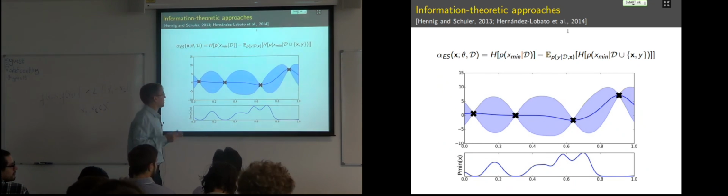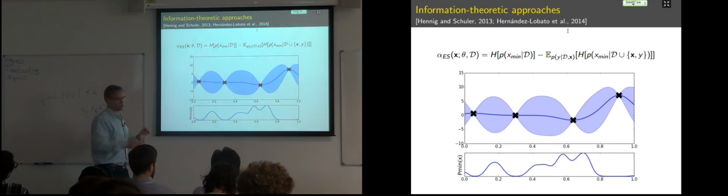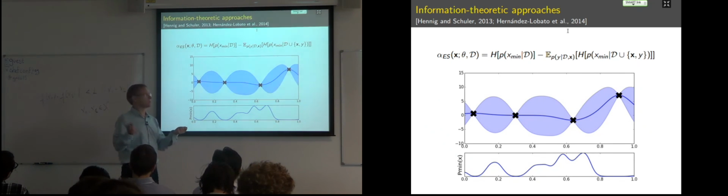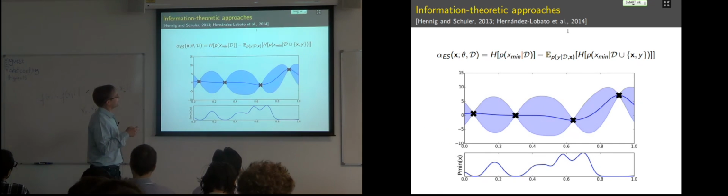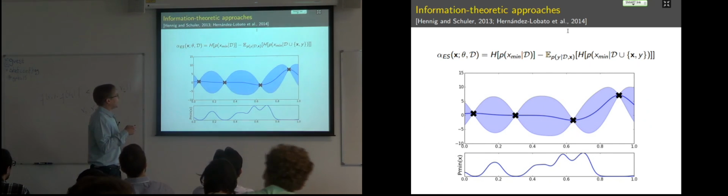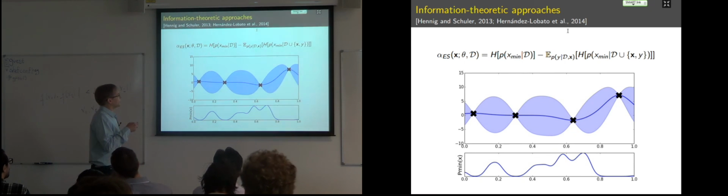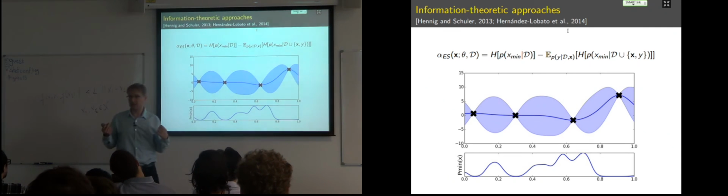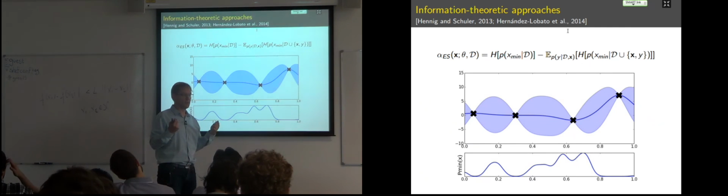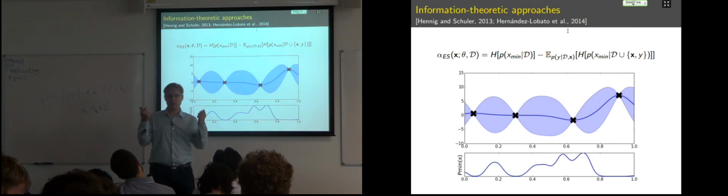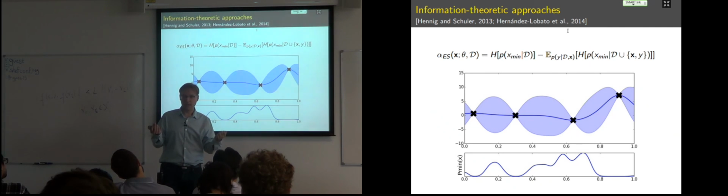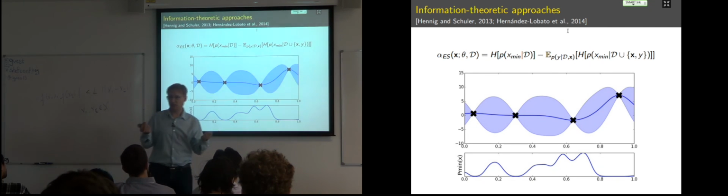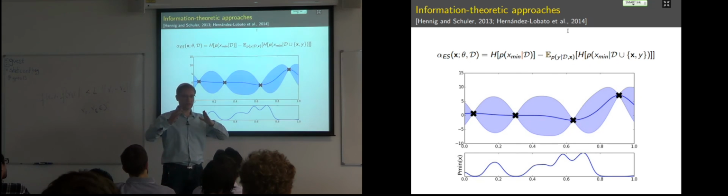So this is not the loss function that you use when you collect a new sample. Essentially, what these two papers do is, I have this distribution here, and I can calculate the relative entropy of this distribution with respect to something that is flat. The location that gives me the largest amount of information about the minimum of my function is the one such that if I sample there, I will reduce the entropy of my distribution the most, right?